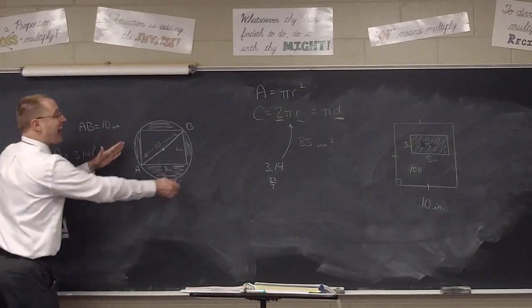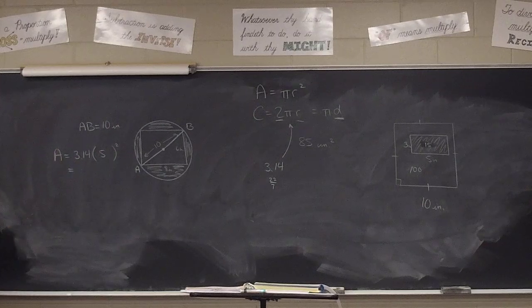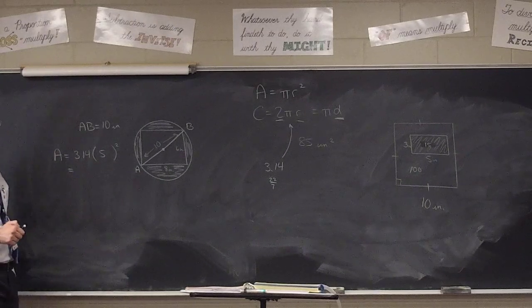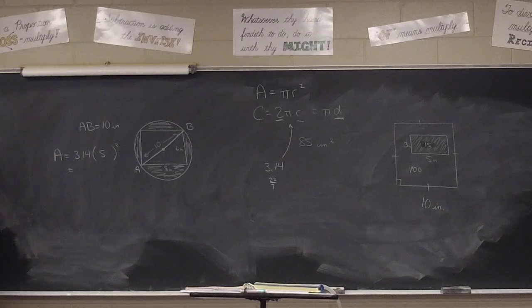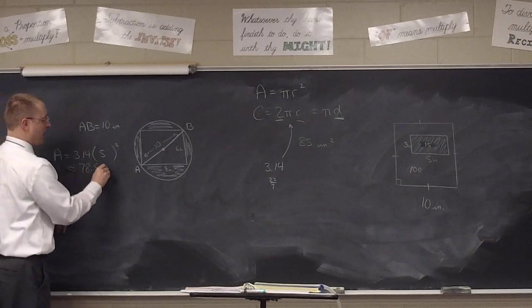So the area of the entire circle is pi r squared, which, find it real quick. Yeah, approximately 78.5 inches squared.